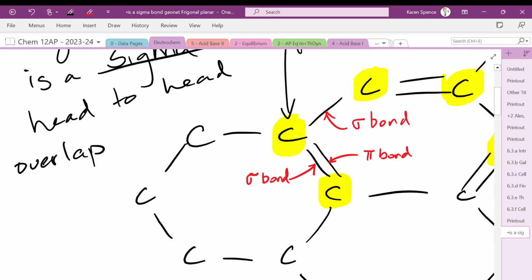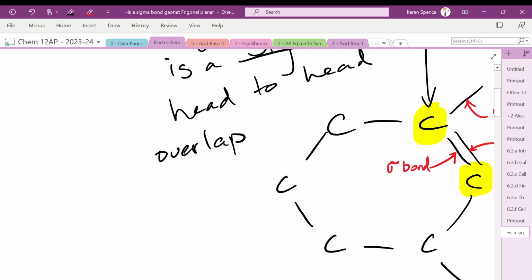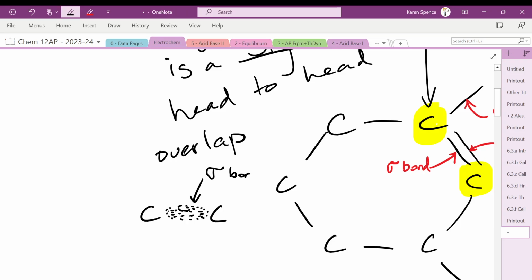So what you have is electron density. If we were to draw our electron density for a single bond, where would it be? In the middle. It's along the internuclear axis. Sigma bond. What if we have a pi bond?